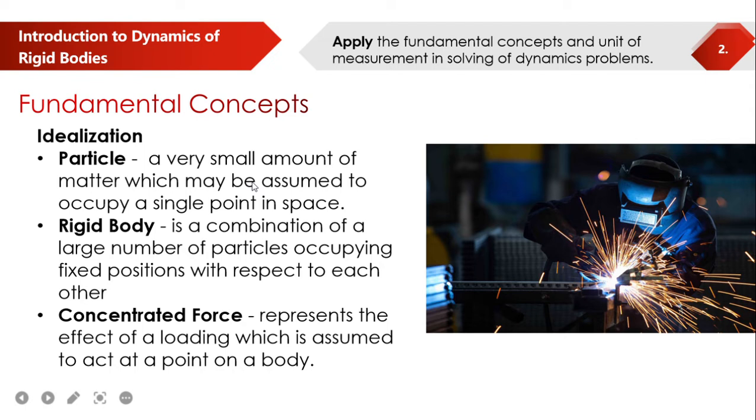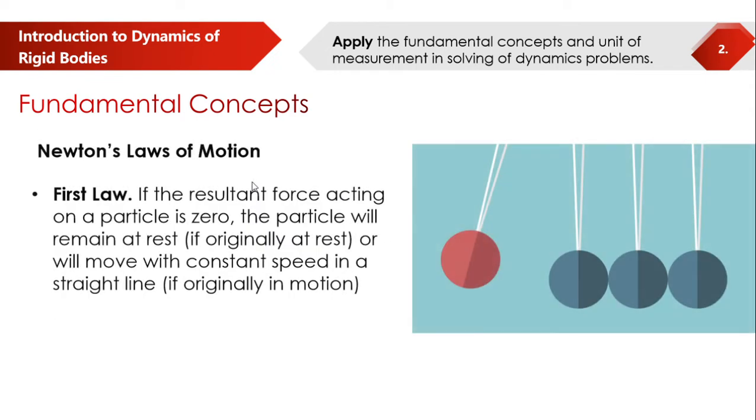Next is the concentrated force, which is familiar from statics, since we mostly use concentrated forces. Again, a concentrated force represents the effect of a loading which is assumed to act at a point on a body.